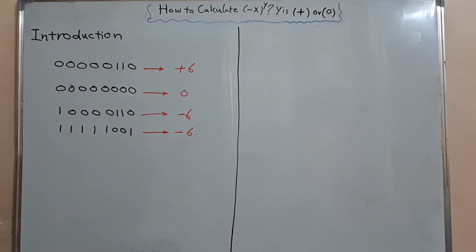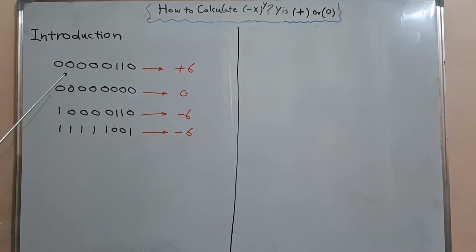The representation of positive and negative numbers in the decimal system by the use of binary system are shown here. The positive numbers are represented by using the least significant bits representing that number and leaving the most significant one equal to 0.